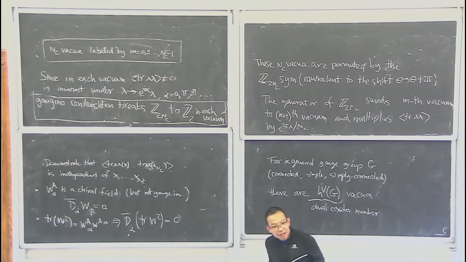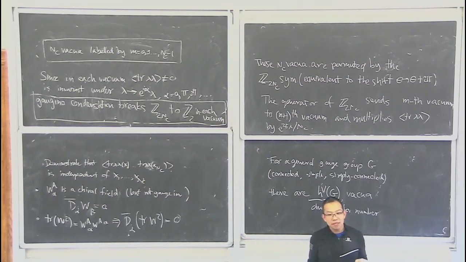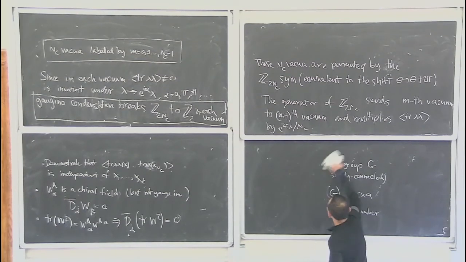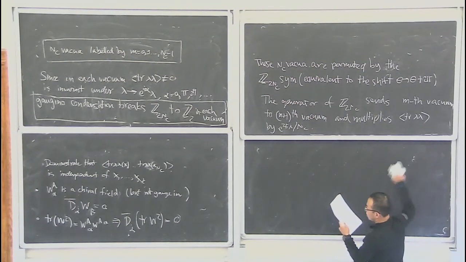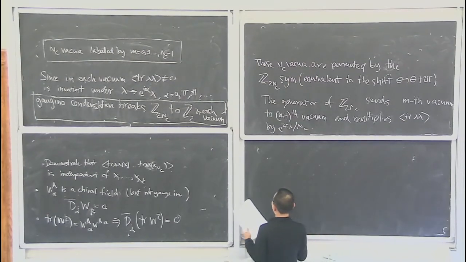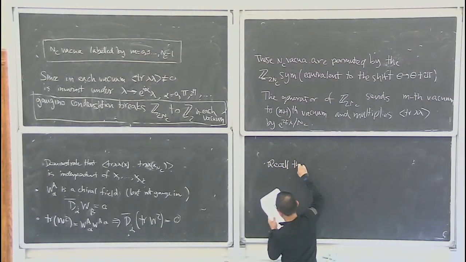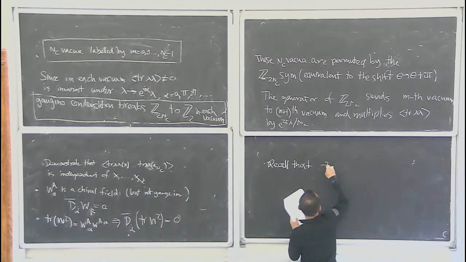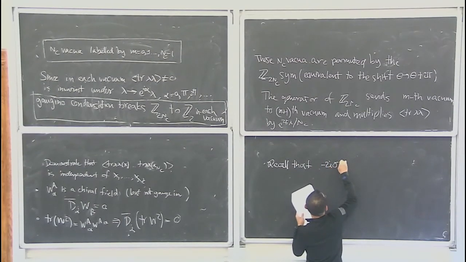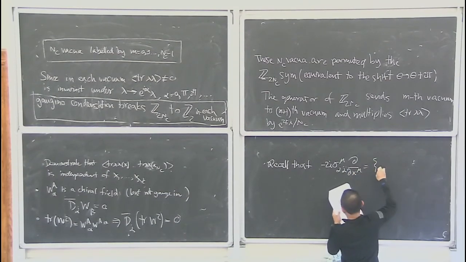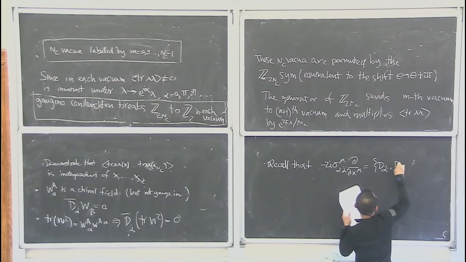Now you use the definition of a superspace derivative. So recall that minus 2i sigma mu alpha alpha dot d mu x mu equal to D bar alpha dot.